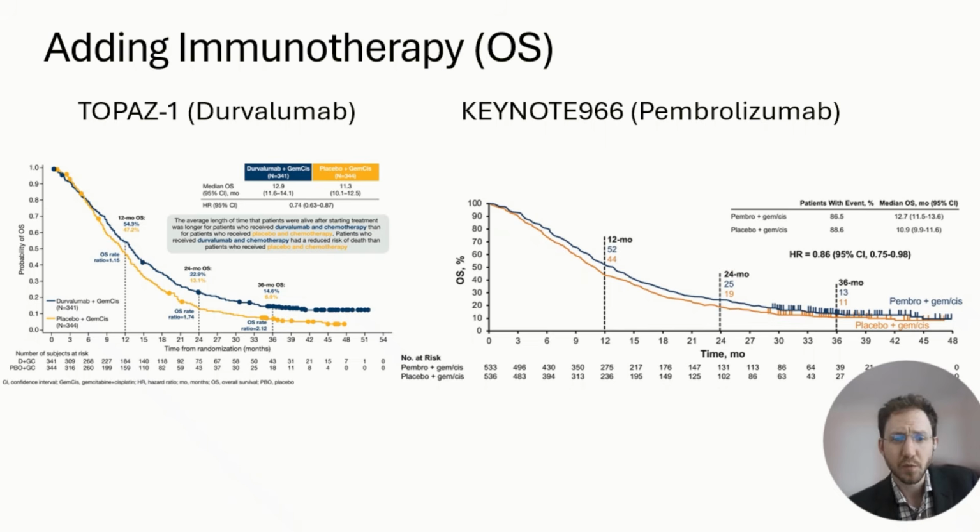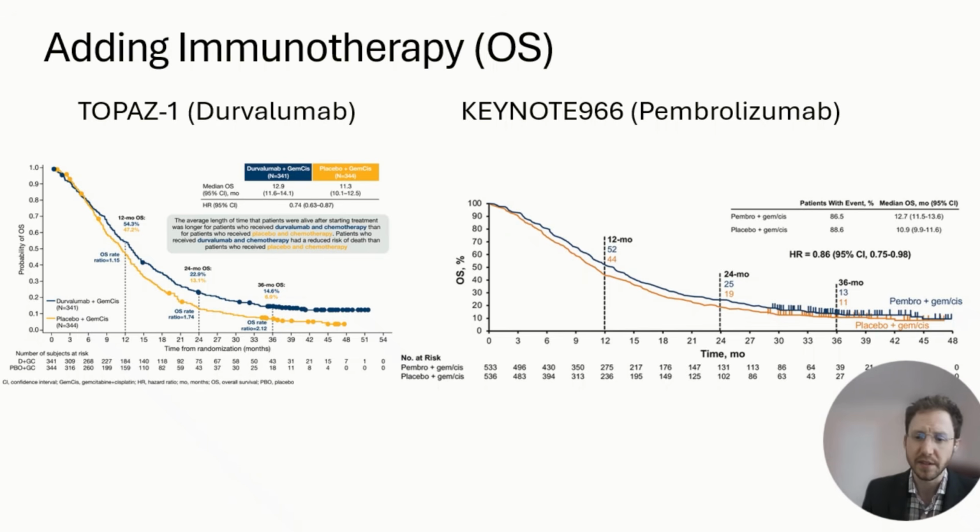And what you see is a similar result in that you're getting a median OS of a little bit over a year with the triplet or chemoimmunotherapy, a difference of a little less than 2 months in absolute difference in median overall survival.